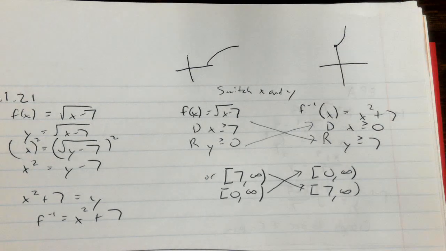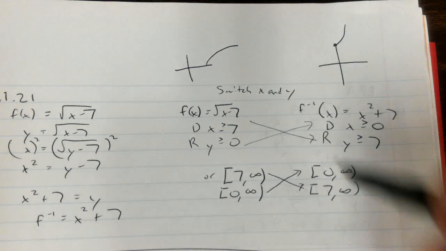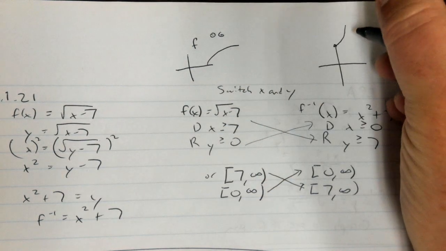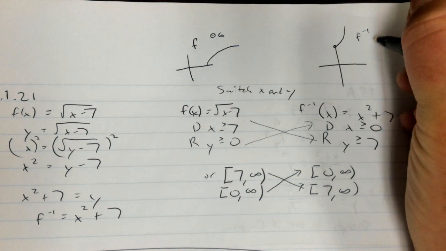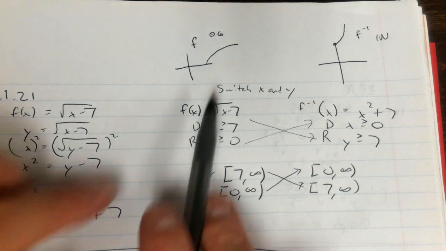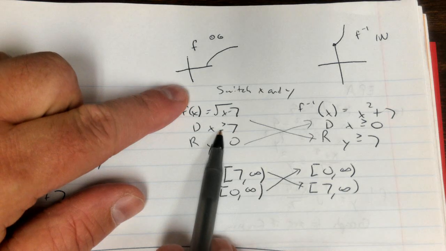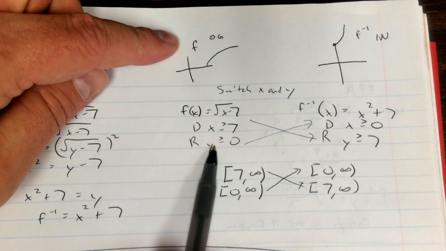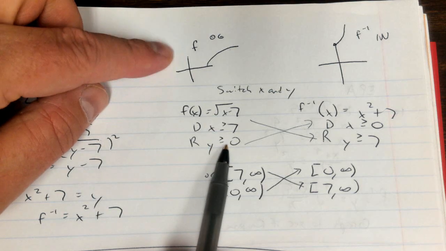So, as you can see, this is your f, which is your OG function, and this is your f negative 1, which is your inverse function. And so your domain is x greater than or equal to 7, and your range is basically above the x-axis, so y greater than or equal to 0.